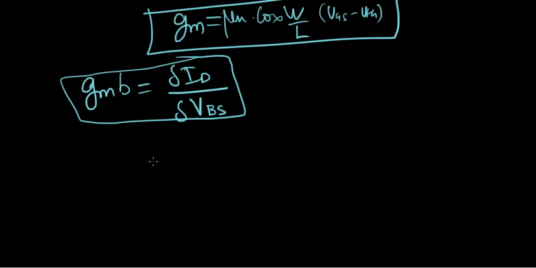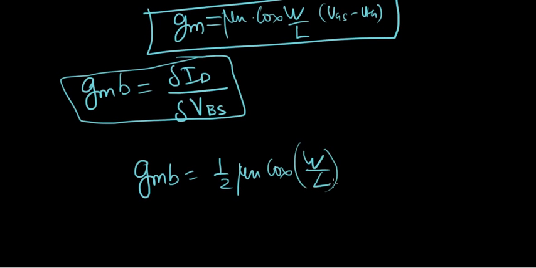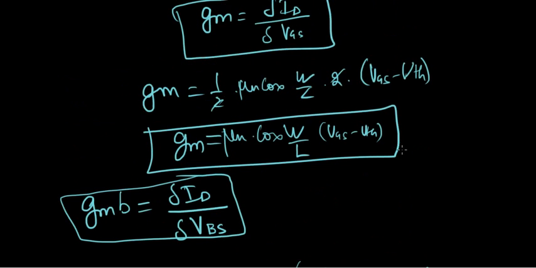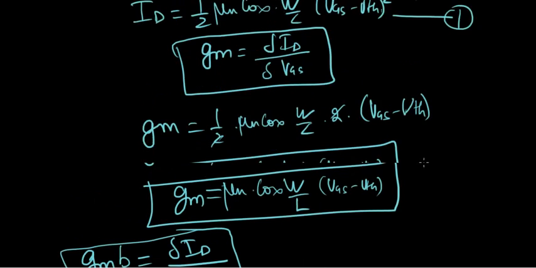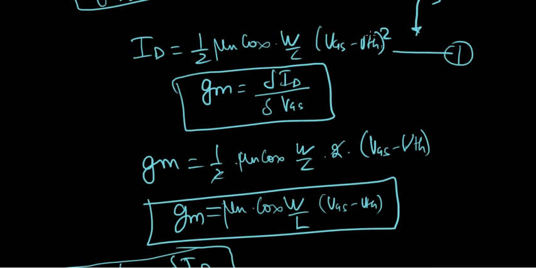GMB equals half μn Cox W/L times 2(VGS − VTH) times, and listen up here. I hope you're working with me on paper so that I don't have to keep scrolling up. What happened when we did it for GM was that VTH is constant and VGS is what changes.